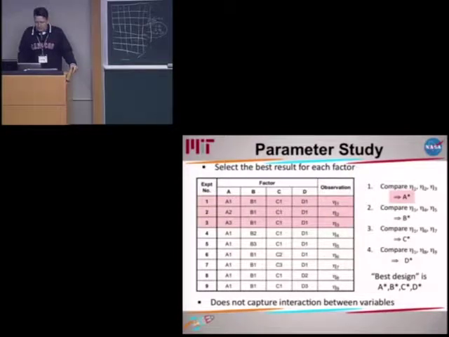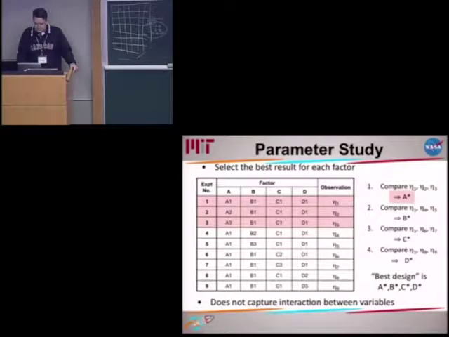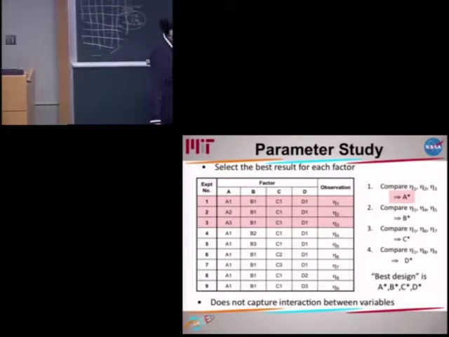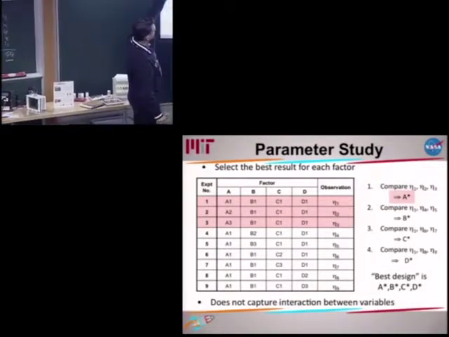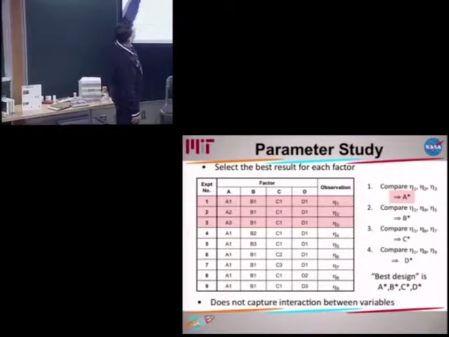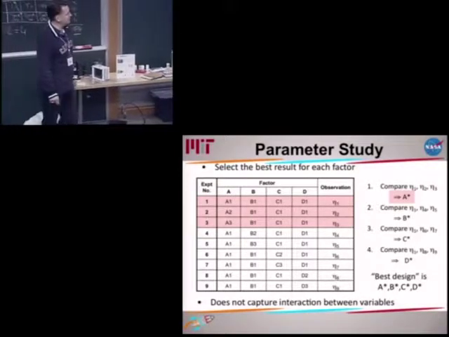Okay, so I'm not sure the title is right here, I think this is OFAT, but essentially here, in this case, you're going to look at factor A, so A1, A2, A3. We're keeping B, C, and D at the baseline setting.